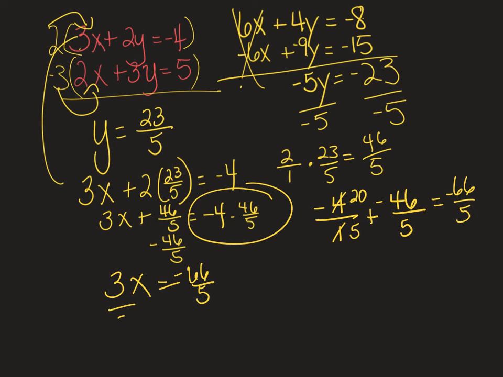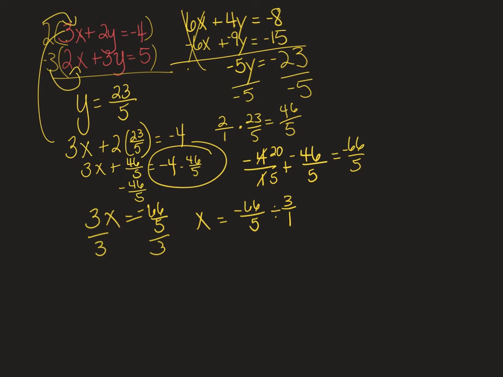And then I'm going to divide both sides by 3. See why I told you guys before, you got to remember those fractions. So if you have a negative 66 over 5, and you're going to divide it by 3, remember what you do when you're dividing fractions? KFC. Keep the first fraction, flip the second fraction, and change the sign.